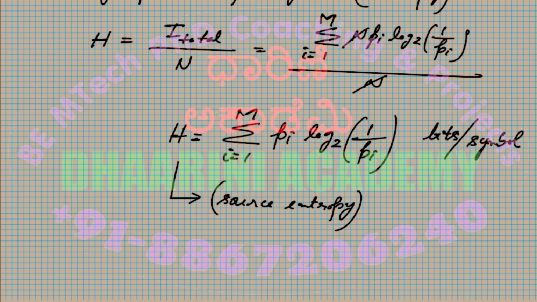Simply calculate H and that's the answer. Okay, I think that's the derivation of the information content, or average information content, or the source entropy.